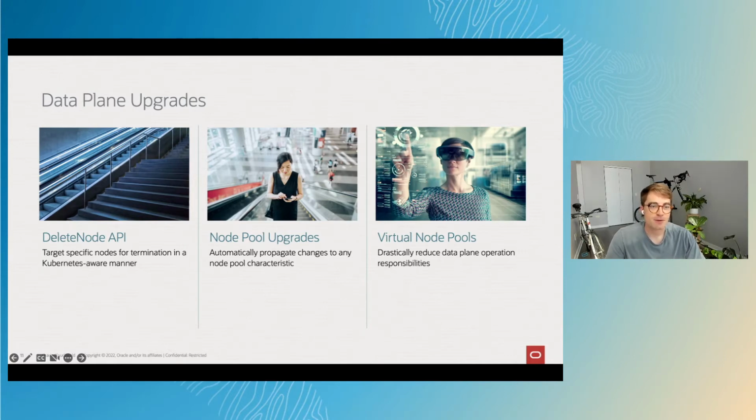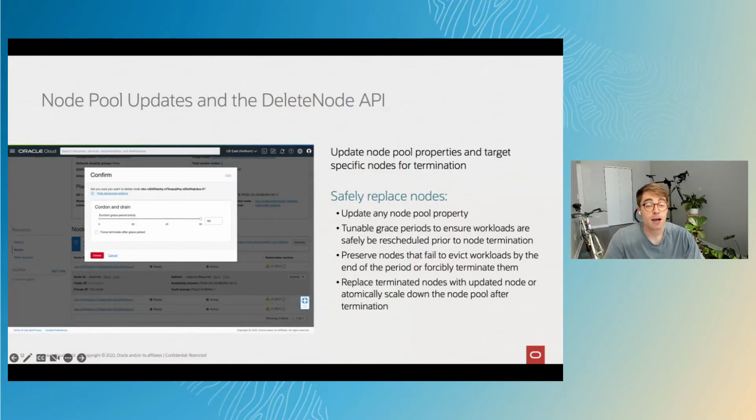Now, to dive a little bit deeper into what data plane upgrades look like, I'm just going to talk about sort of the state of things today and then what's coming up soon. So even though worker nodes backed by compute instances are the responsibility for customers to manage and update, we have tools to make this process easier for our customers. Users today can update any node pool property.